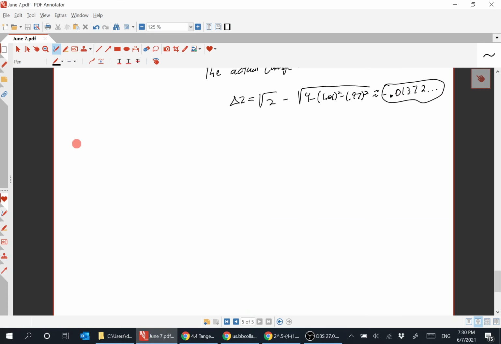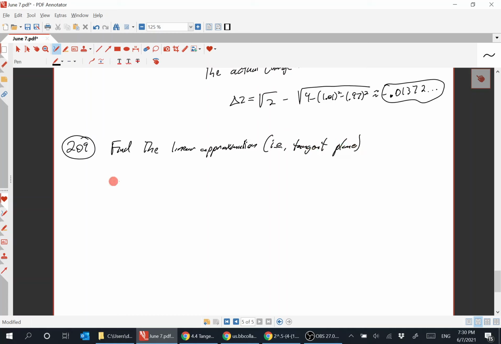So 209. Find the linear approximation, i.e. tangent plane, for z equal to arctan(x plus 2y).